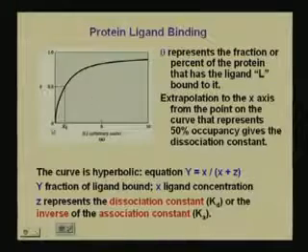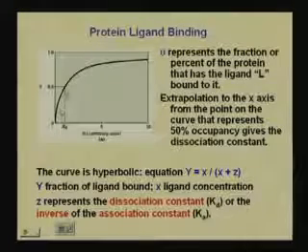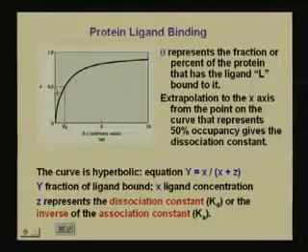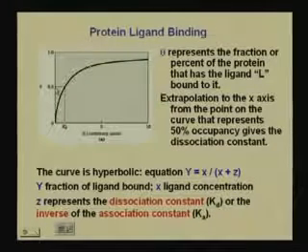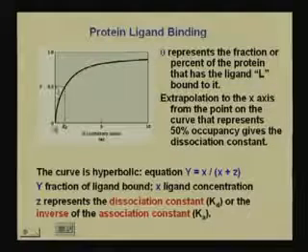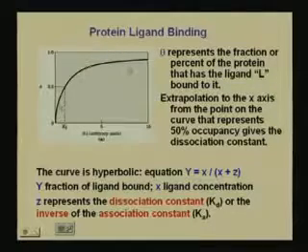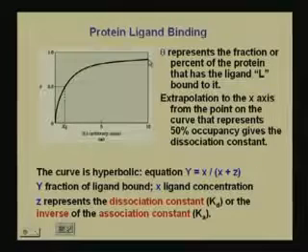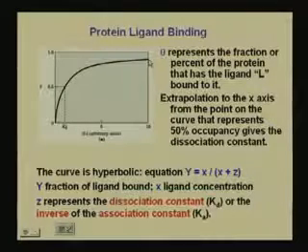Now, when we're looking at this hyperbolic curve, you recognize that when I have 50% saturation, as it is called, because if I have enough ligand concentration and all my protein sites are bound, I have a saturated situation, right?